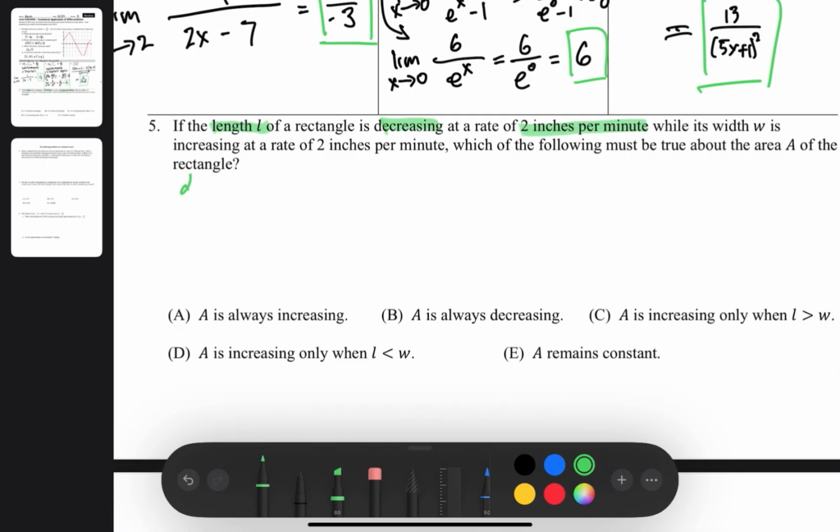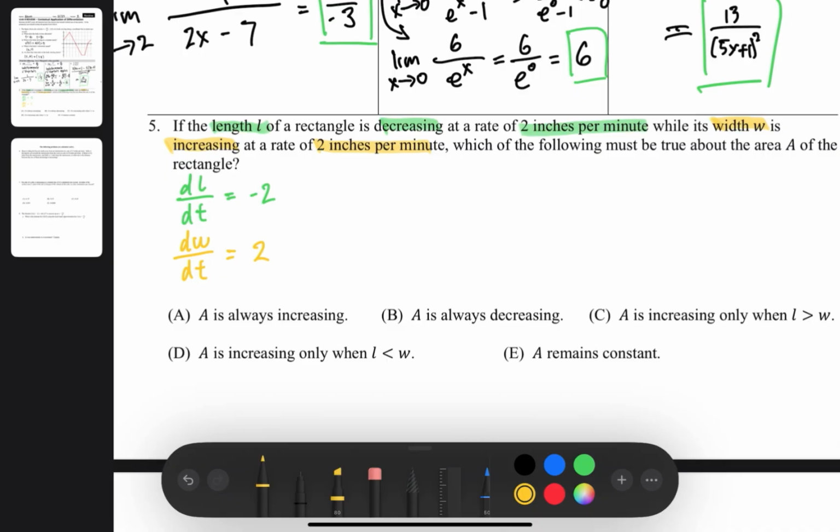So that's a rate for the length, dL/dt, which is negative 2. We also know that the width is increasing at a rate of 2 inches per minute. So our derivative for width, dW/dt, is equal to 2.